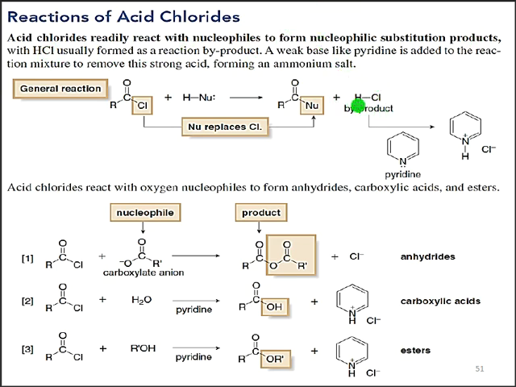To remove HCl from the reaction, we put in some base to react with this HCl, usually pyridine, and the pyridine reacts with HCl to form a salt, so in this case there is no effect of the HCl on the product.